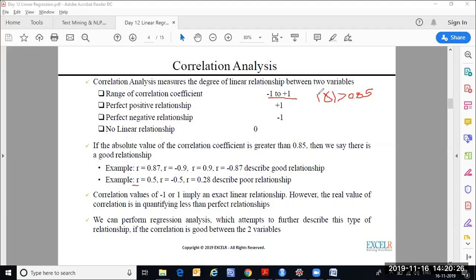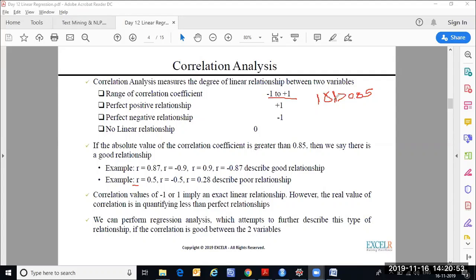The reason why we are taking mod: what happens if I apply mod to any value, friends? It becomes positive. Even the negative values will be converted to positives, right?